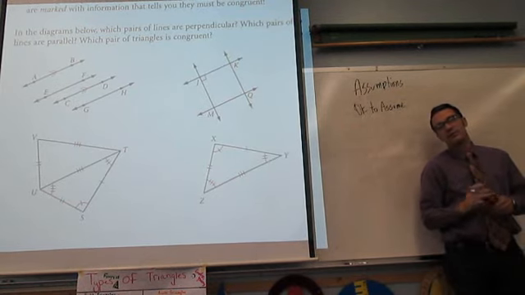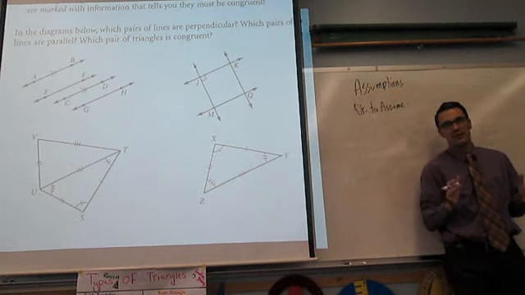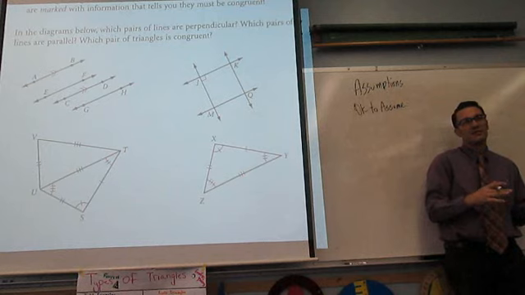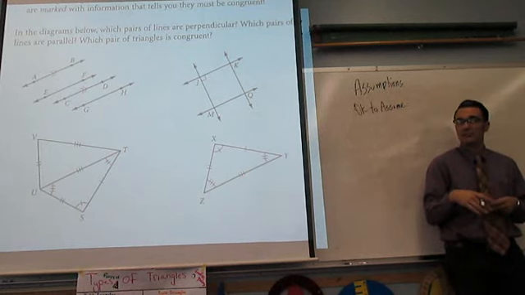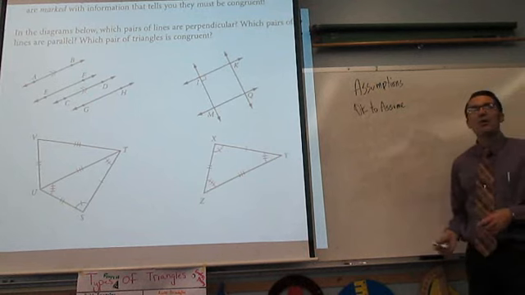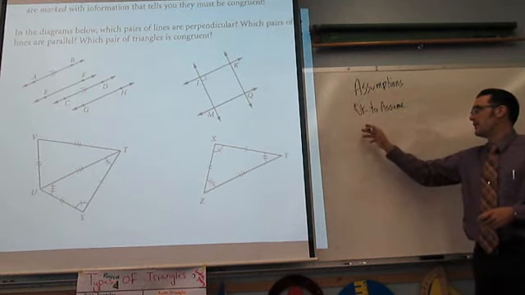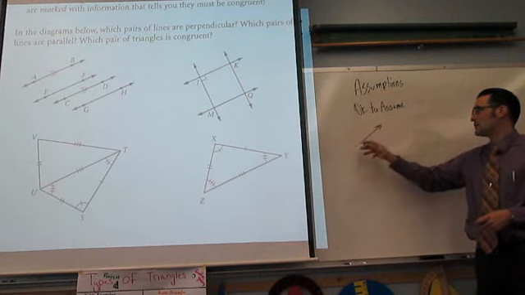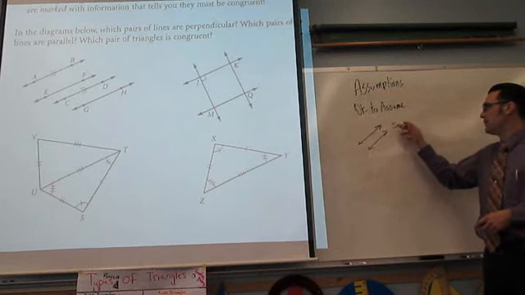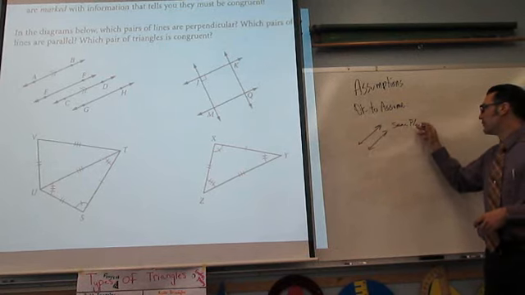What you're going to see is there's going to be cases where it's okay to just make an assumption. It's implied. There's going to be other cases where it's not okay to make the assumption. It's okay to assume that when you have two lines drawn on a piece of paper or a board like this, that they are in the same plane.